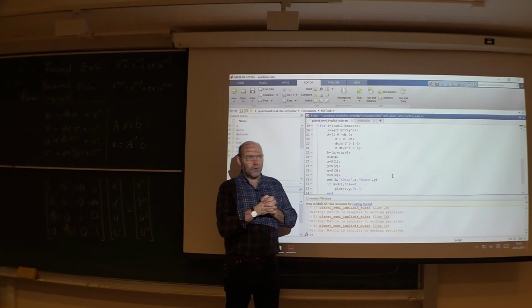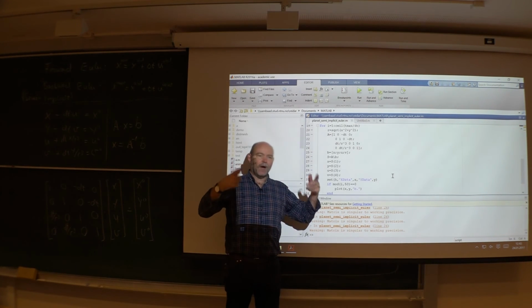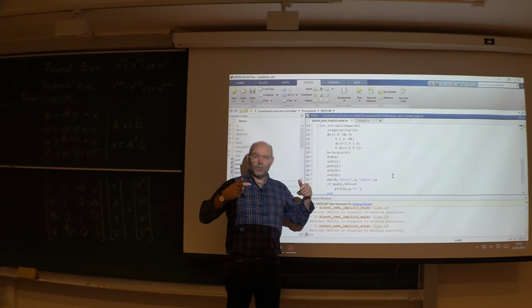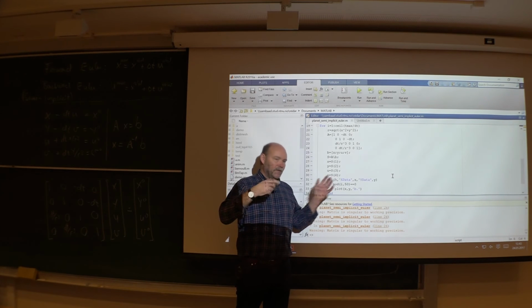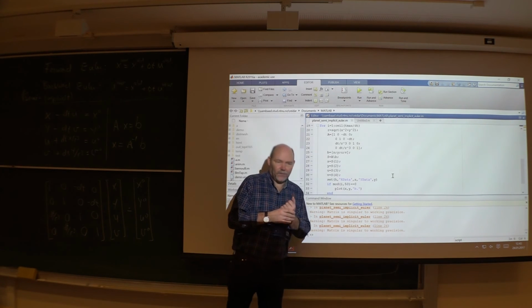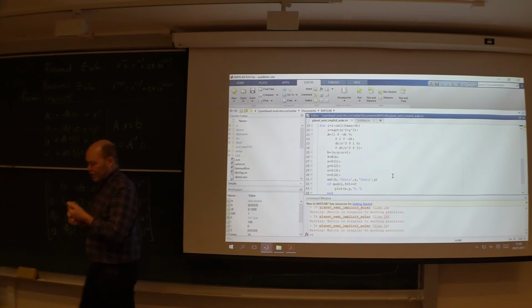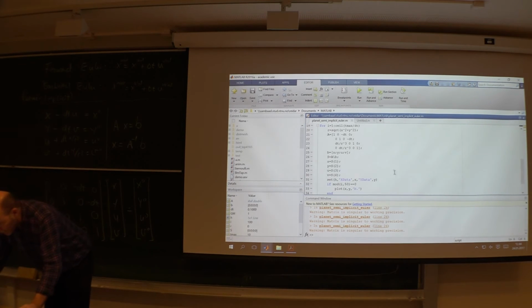If you want to do the animation in real time, but you don't want to have a smaller time step, you just want the code to wait a little bit until it has reached the time step, yes, that's possible. You have something in MATLAB that is called, well, let's try now.